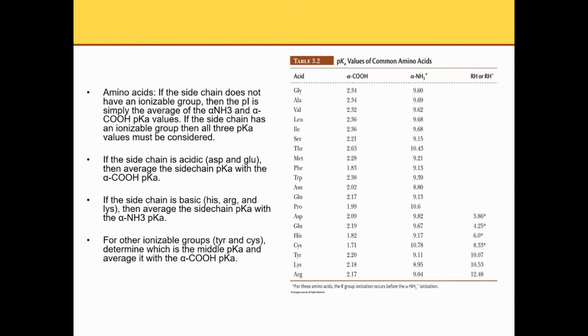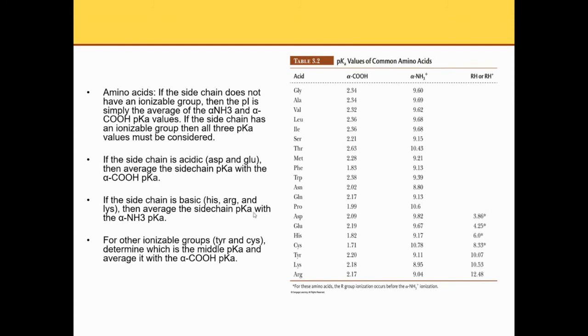Hey, Dale. Yeah, so why do we take the average of the one with RH or RH plus? Because that depends on the special property of the side chain, how they obtain the proton and lose the proton.